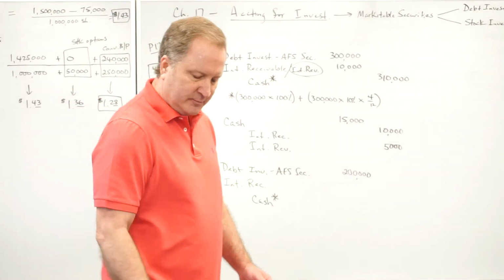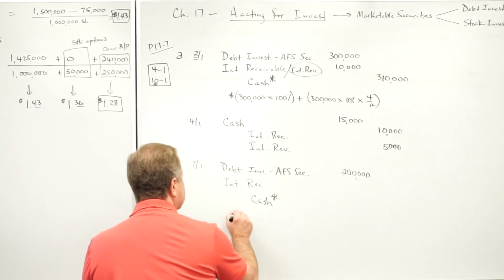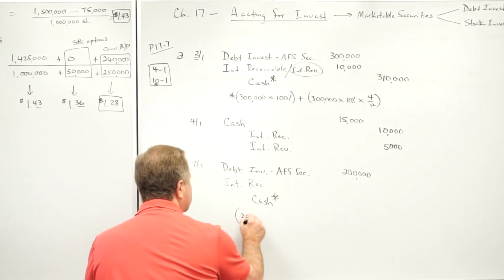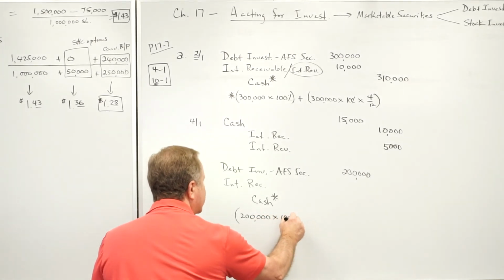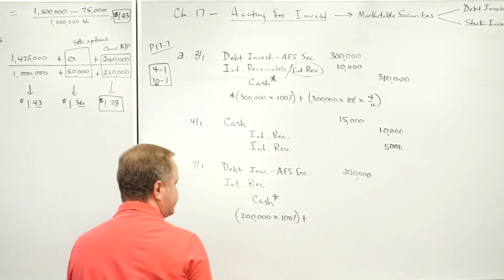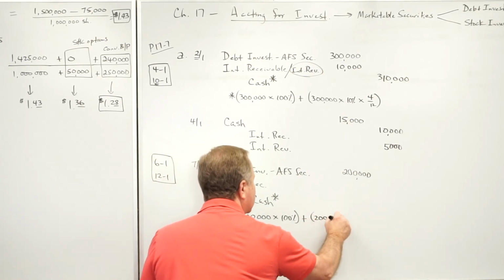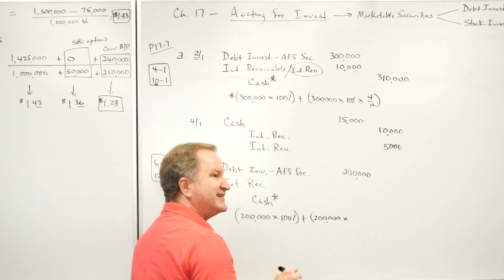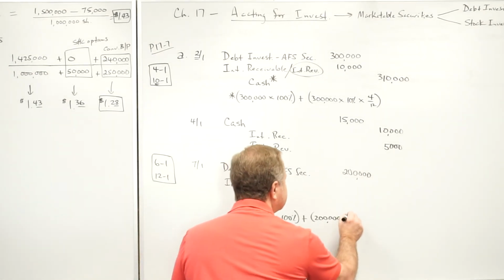Again, I'm going to put an asterisk here and figure out how we determine the amount of the credit to cash. Well, first of all, $200,000 bonds that we paid 100% for, and then $200,000 bonds times, what's the interest rate on these bonds? 9%.